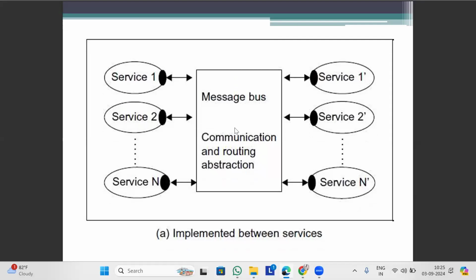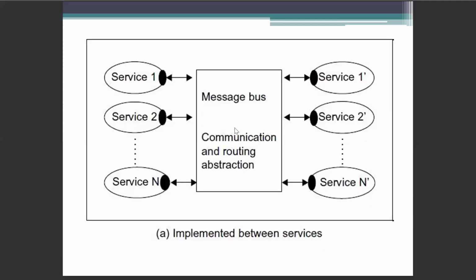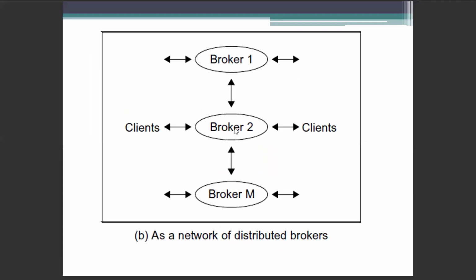And then next, for example, this is one kind of service provided by one person. From broker 1 we have N services, broker 2 has N services, like this. We need to interact with all of these.